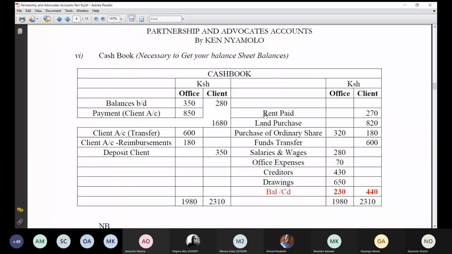We had defined what we mean by office account and client account, recording what we have paid and what we have received, and for the client account, what is owed to the client and what he owes us. So then the cash book, you will see the debit side has office and the client side.